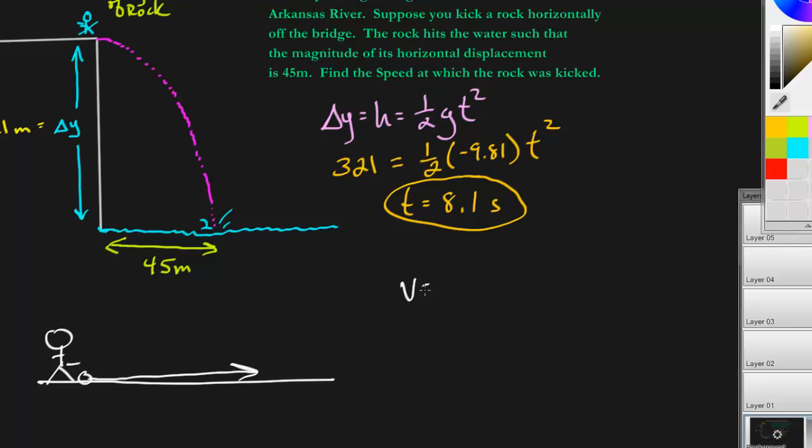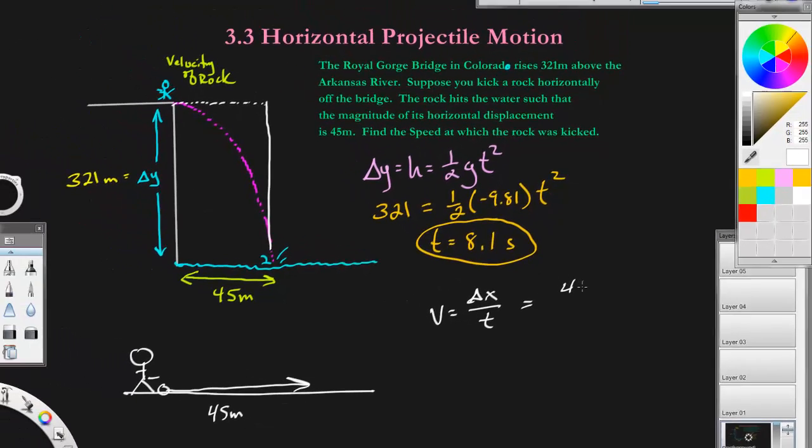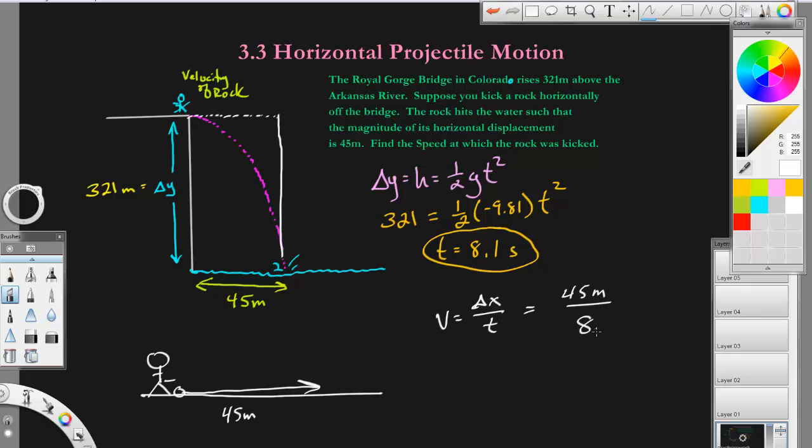We know that velocity is just the displacement over time. How far does it go? It's going to go 45 meters. I know it's falling through the air, but it really is the same kind of problem as if it was just rolling out along here. So that would just be 45 meters divided by 8.1 seconds.